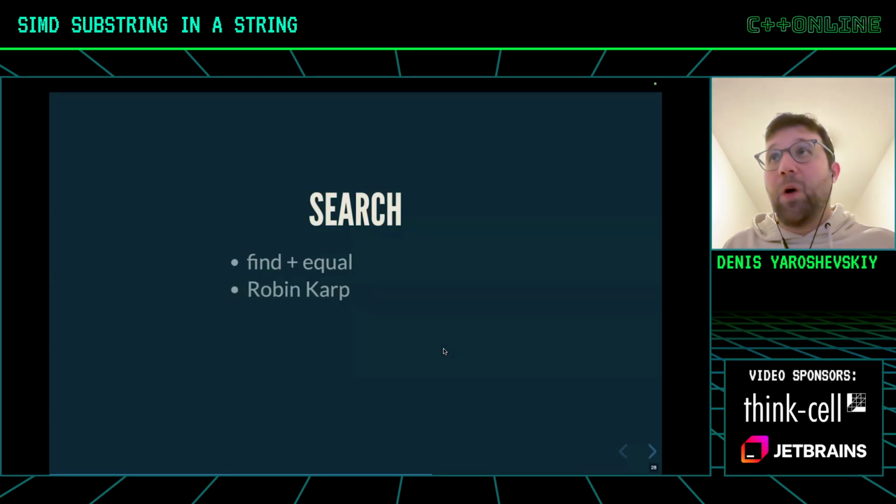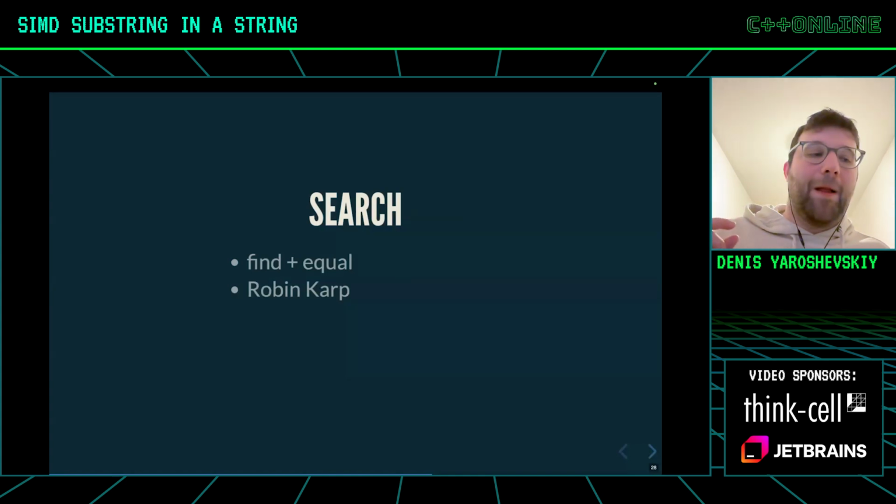The general purpose thing is called the Rabin-Karp algorithm. The idea is you hash your needle, and then when you check a string, you check the hash. If the hash matches, you validate the whole string match. In our case, when we did find plus equals, our hash was effectively just the first character of the string.